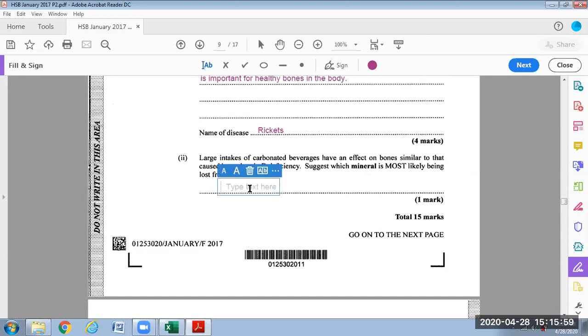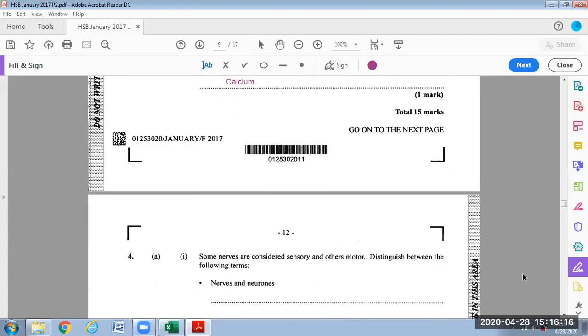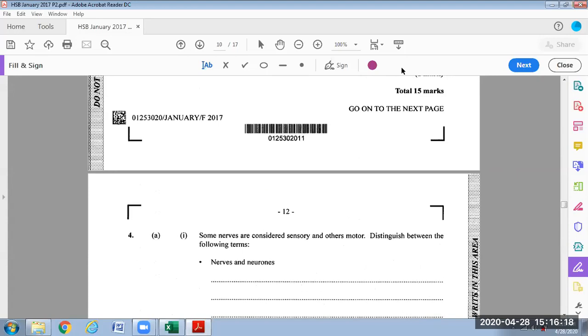All right, so calcium is the mineral that is most likely lacking. Any questions over? All right, number 4.